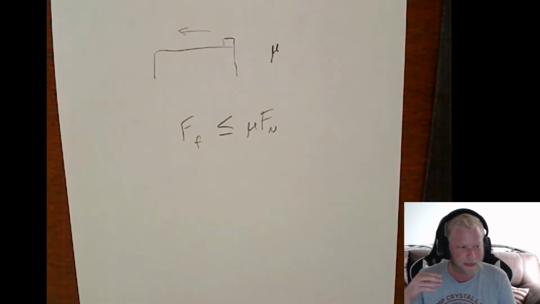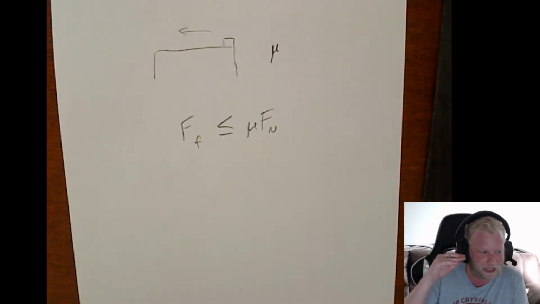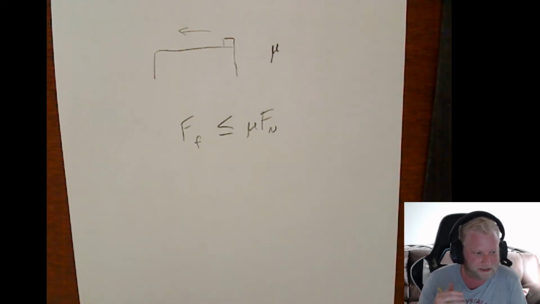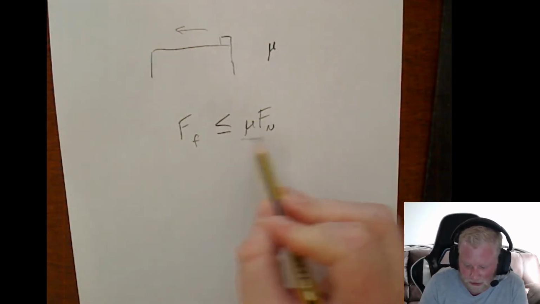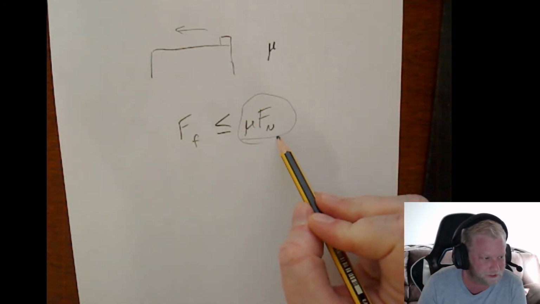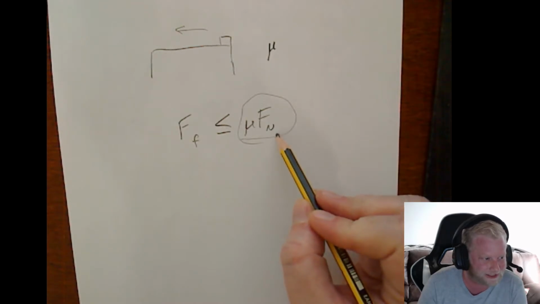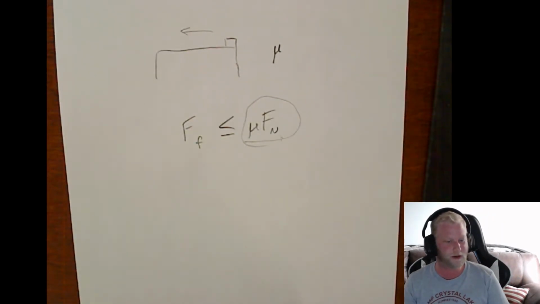So as you continue to increase the applied force, the static frictional force between the table and the floor will continue to match you up until a certain maximum value. And that maximum value is whatever this comes out to be. As soon as you exceed that maximum value, the table will start to slide. And that's what we call the threshold of motion.